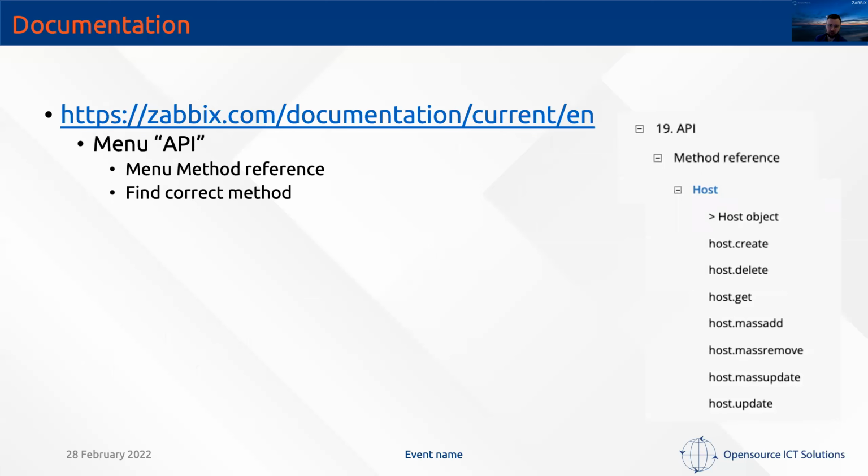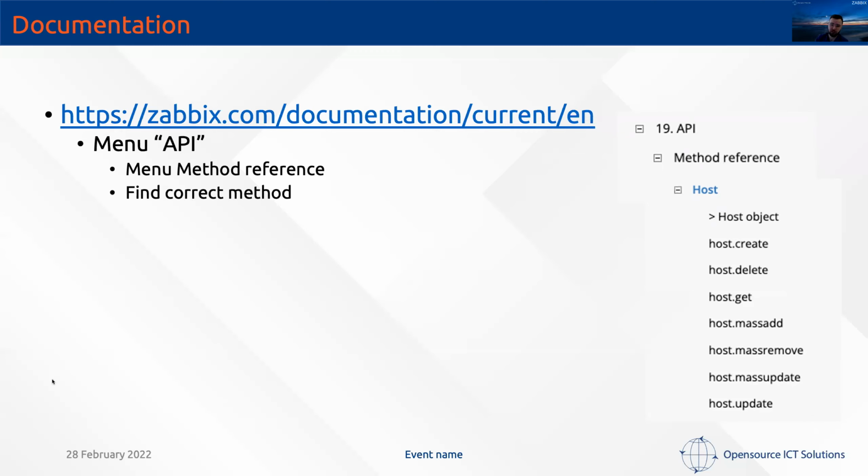A great part of using APIs, and not only Zabbix specific APIs, but any API that you might run into, you're gonna have to rely on the documentation. So simply go to zabbix.com/documentation/current/en for English, and you will find the Zabbix documentation. You can also go to zabbix.com and navigate to documentation from there.